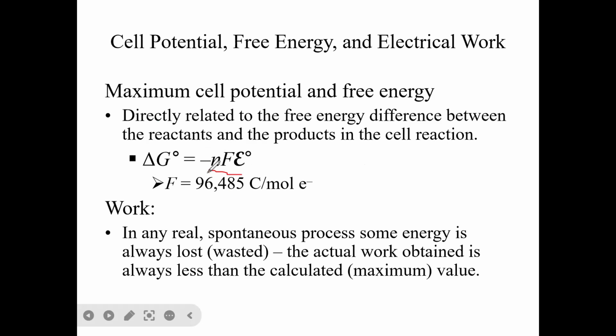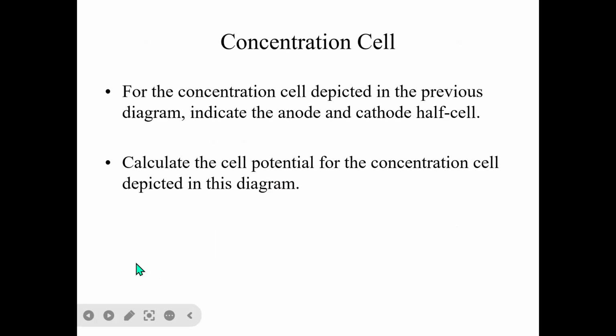N here stands for the number of moles of electrons, F is Faraday's constant, epsilon naught is the cell potential, and delta G naught is the standard Gibbs free energy. This formula is important, and we are also going to solve some problems related to it in our next video. Then the next thing after this is of course the Nernst equation.